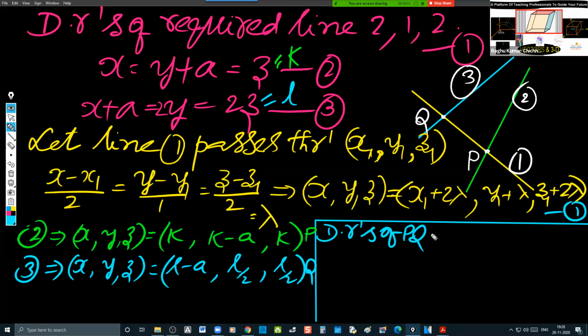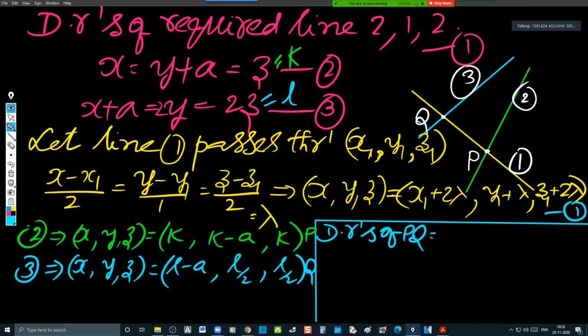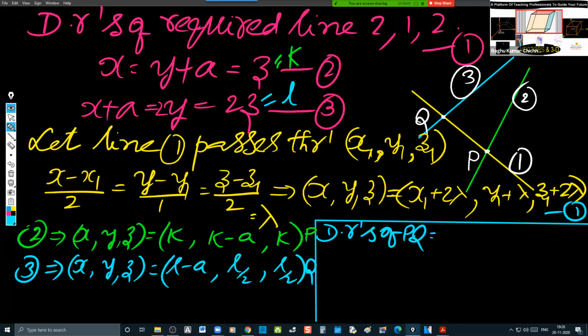DRs of PQ means x2 minus x1, which is L minus A minus K, then L by 2 minus K plus A, and then L by 2 minus K. And it is given that this is proportional to 2, 1, 2. Just check it out.